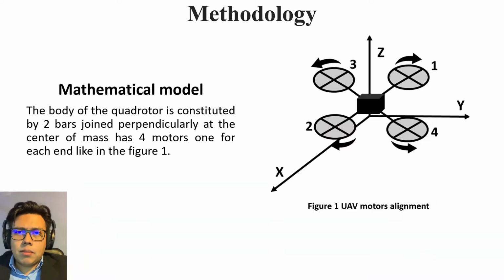The mathematical model considers the body of the UAV as two bars joined perpendicularly at the center of mass. The motors rotate in opposite directions to prevent the UAV body from rotating about the z-axis.